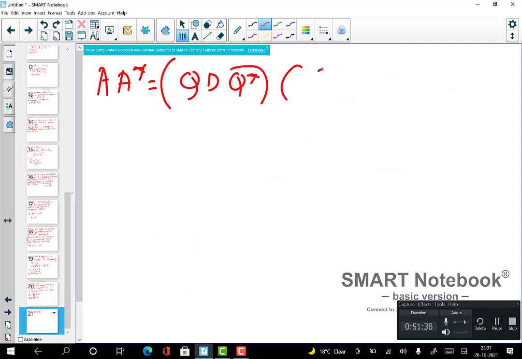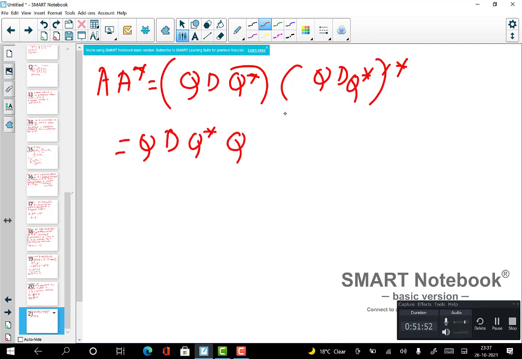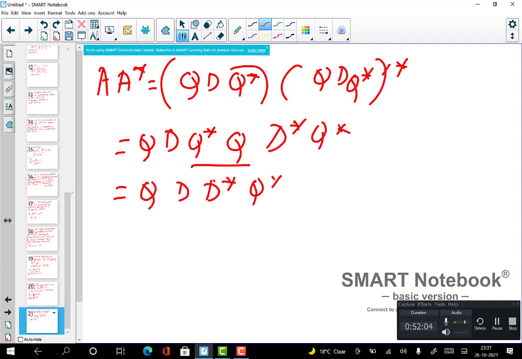and also Q D Q star whole star, right? So what does that mean? That means this is Q D Q star, and then Q count D star and Q star. But Q star Q equals identity, so you will have Q D D star Q star, right?